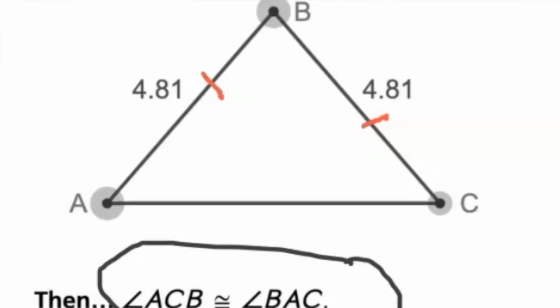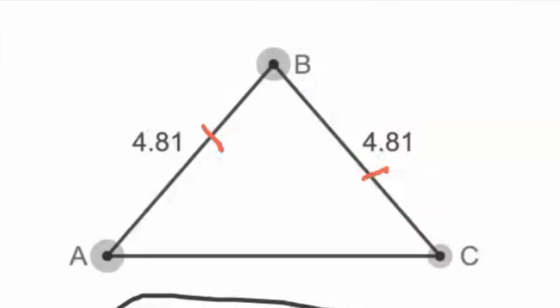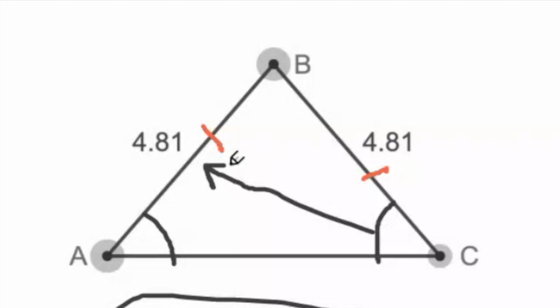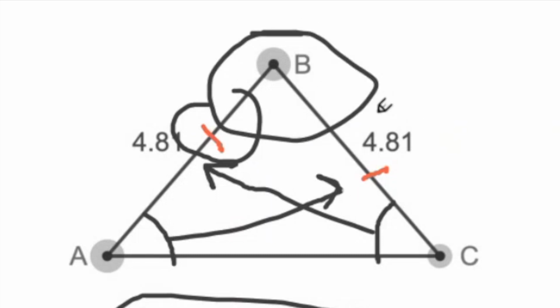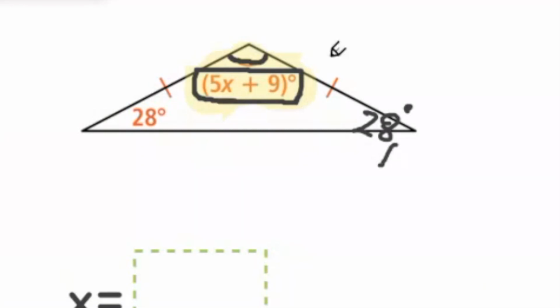Look at the theorem. Only two angles are congruent, not three. This one and this one. The two angles that are opposite to the congruent sides. This one is opposite to this side. This one is opposite to this side. They didn't tell anything about B. When we look at our problem, this one has nothing to do with equality because it's not opposite to a congruent side. Is that clear? Yes, yes.